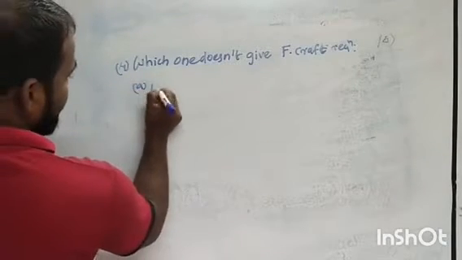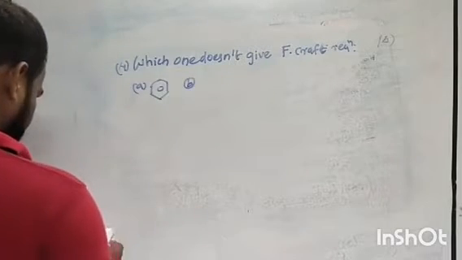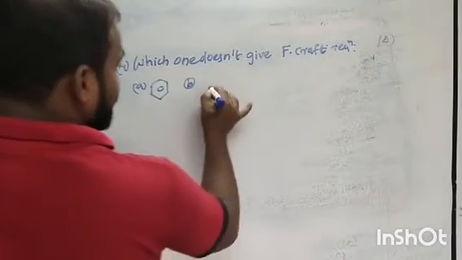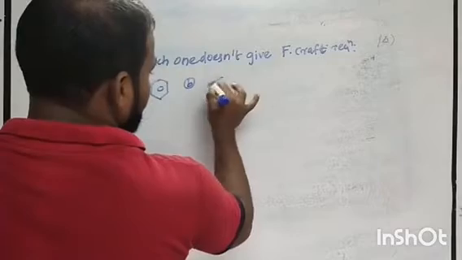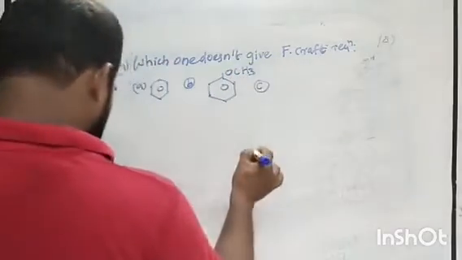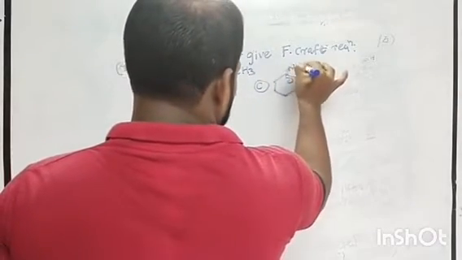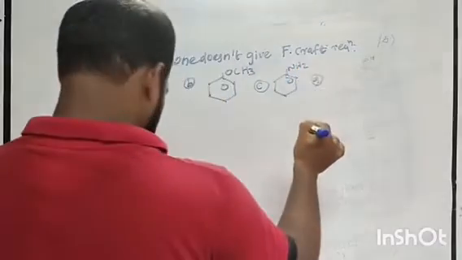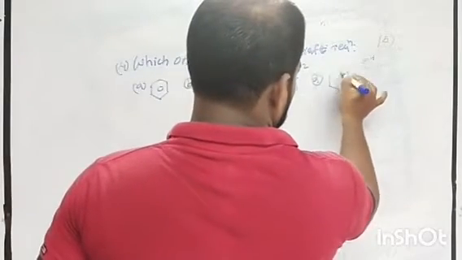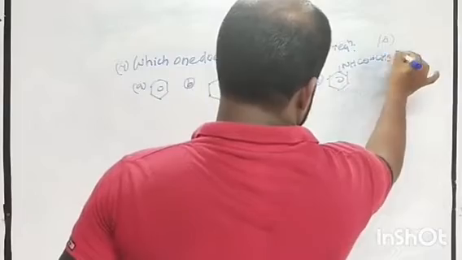Option A, benzene. Option B, OCH3. Option C, aniline. Option D, NHCOCH3.